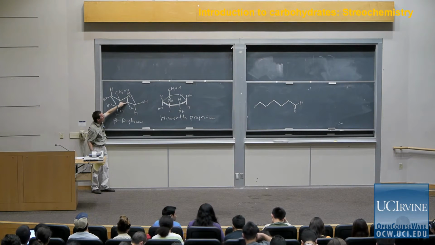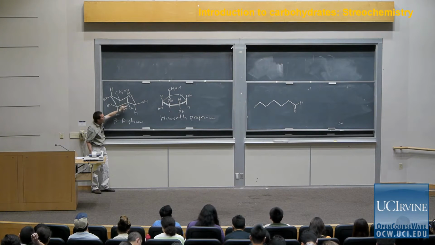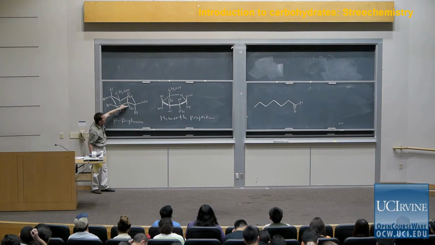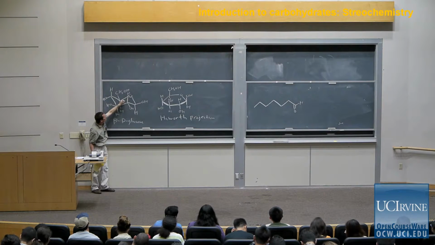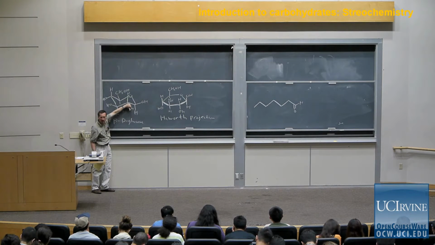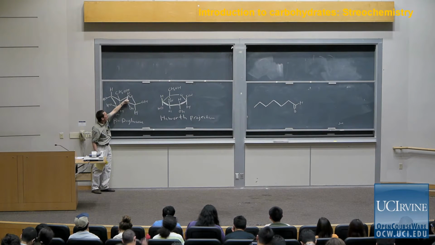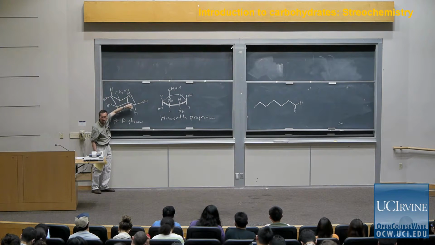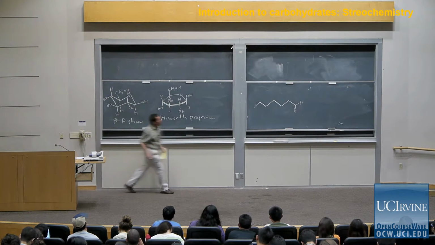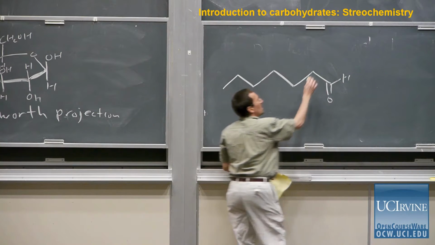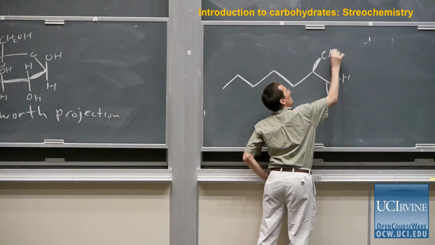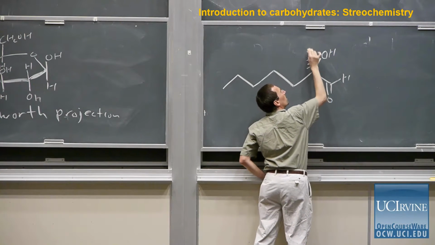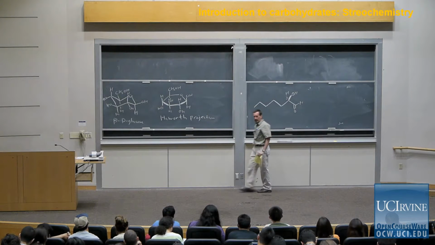And now our chain zigs up. So in looking at the chain at this point, the OH is going to be coming out at us. The hydrogen is going back. So in our zigzag structure, we're going to represent this as our OH coming out, our hydrogen coming back.